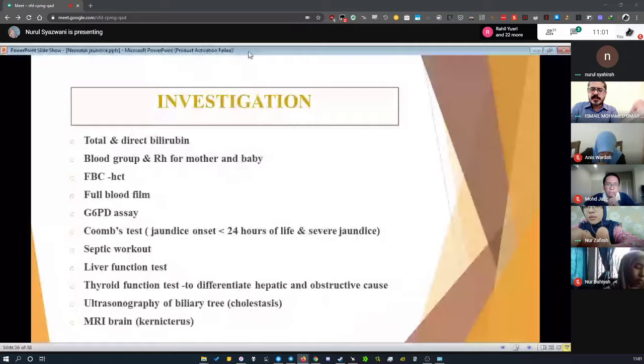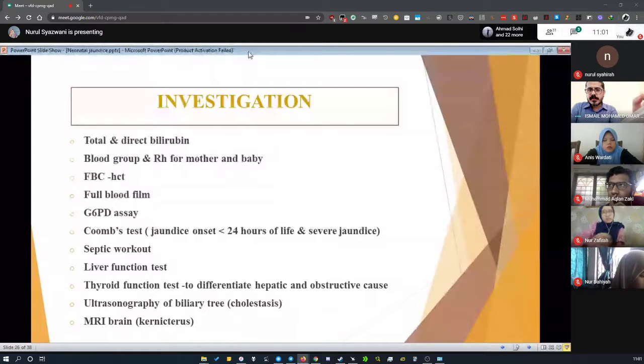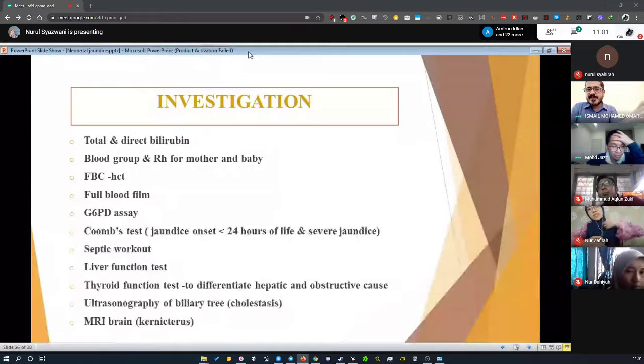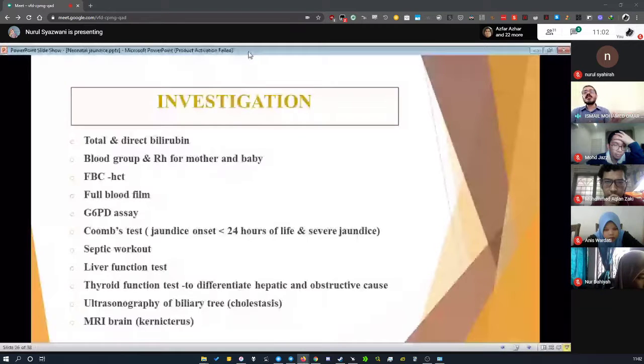No. Thalassemia? No. Hemolytic anemia? You look at the blood film, you see spherocytes.